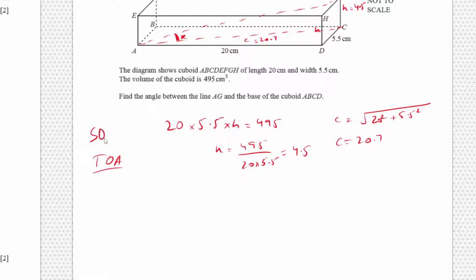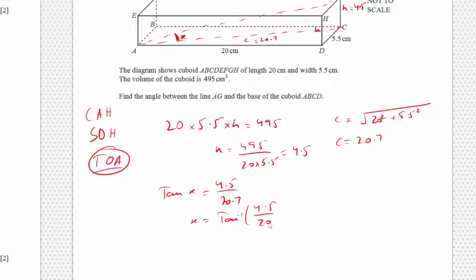Sine should include opposite and hypotenuse, and cosine would have adjacent and hypotenuse. In this case, you're going to use tan. Tan x equals opposite over adjacent. x equals tan inverse of 4.5 over 20.7.